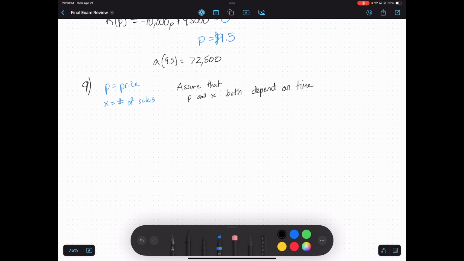Okay, so let's see. It gives me the following function. It gives me 5p plus 5x plus 3px equals 99. And it wants me to find the rate of change of x.